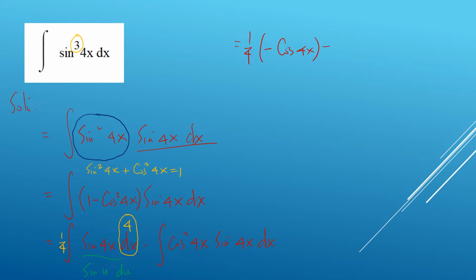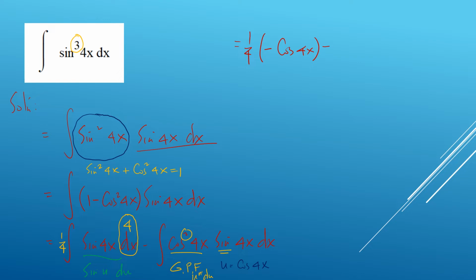Minus. For the second integral, we see a power of cosine together with the function sine. So we shall apply here the generalized power formula, which is of the form u to the n du.